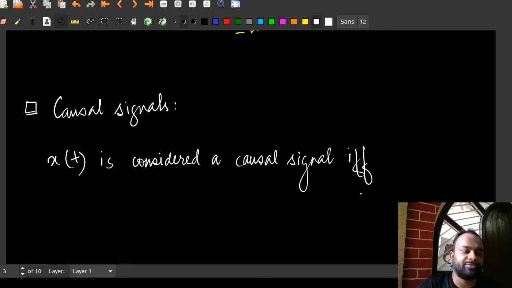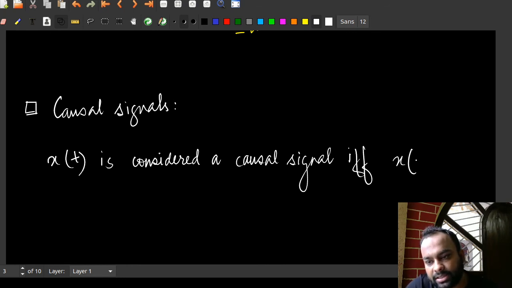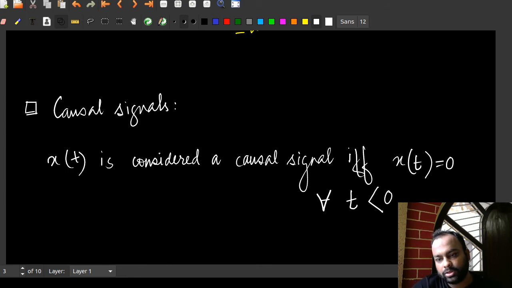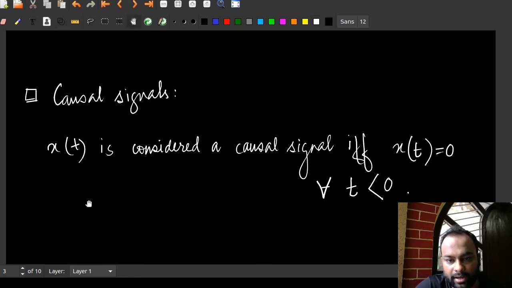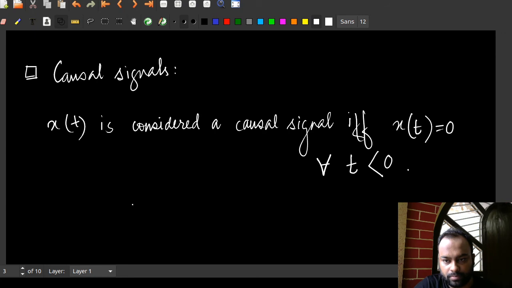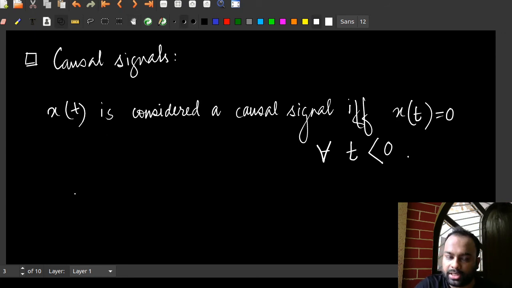In mathematics, if we say if and only if, the criterion is both necessary and sufficient. If and only if x(t) equals 0 for all t less than 0. So if you got it, let me know.